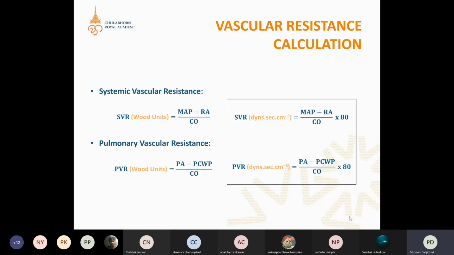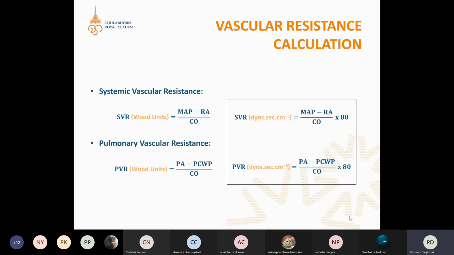Let's say the same thing for the pulmonary vascular resistance. The PVR starting point of the pulmonary circulation starts from the pulmonary artery, and then finishes at the LA, right? The LA means the pressure in the LA, but we can find it without approaching directly the left atrium. So we can use the pulmonary capillary wedge pressure instead.